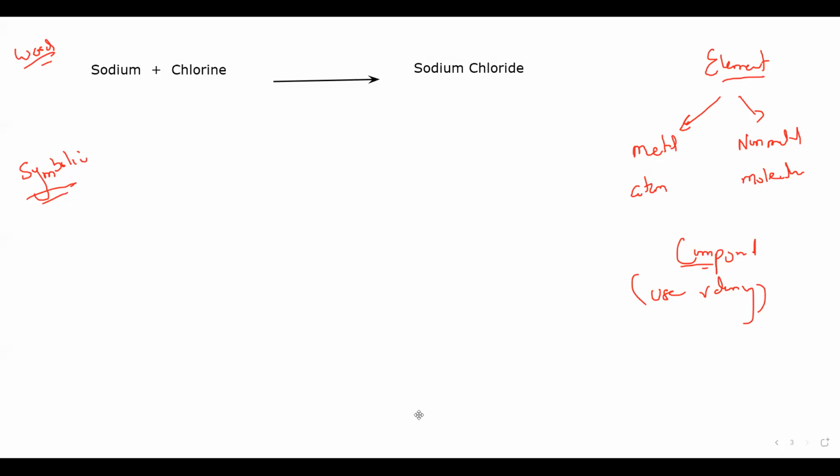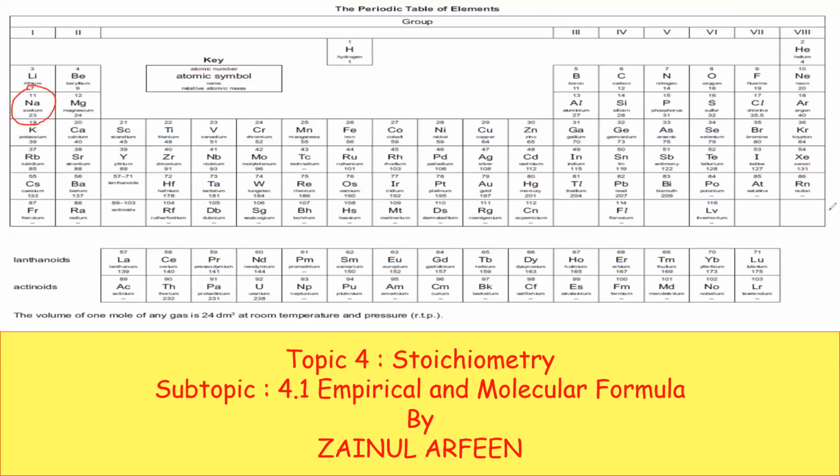So when we check the periodic table, sodium and chlorine. So will sodium be an atom or a molecule? Sodium, because it's a metal, in element state will exist as an atom.